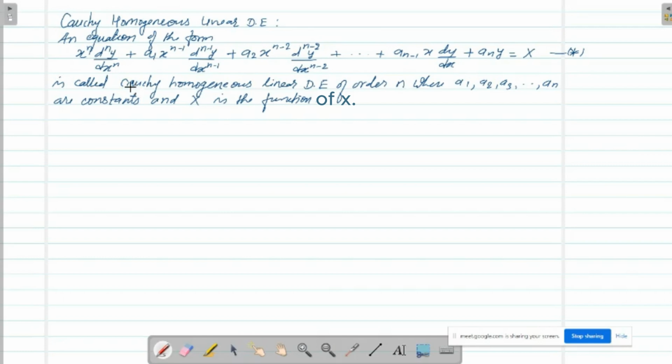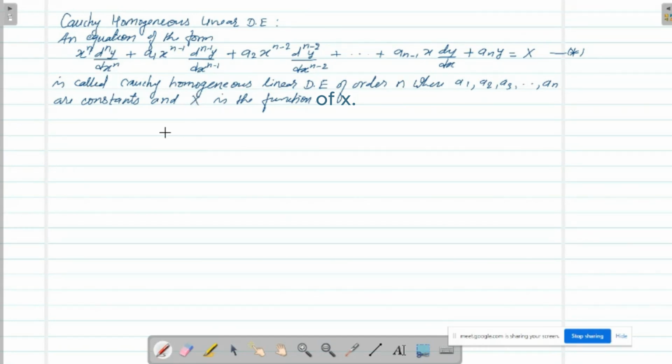Because in this equation, if there is an nth order derivative, then here x raised to n, the polynomial of order must be n. If here is the n minus 1th order derivative, then here x raised to n minus 1, polynomial of order n minus 1, and so on. That means whatever order the derivative is, an x polynomial of that order is multiplied here. Okay, that means in every term the degree should be the same. So that's why it is known as Cauchy homogeneous linear differential equation.